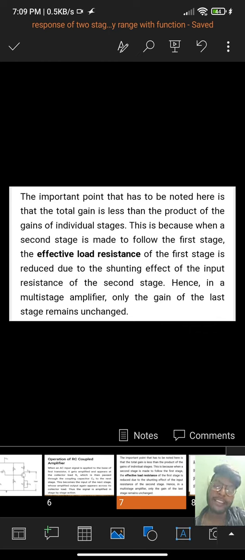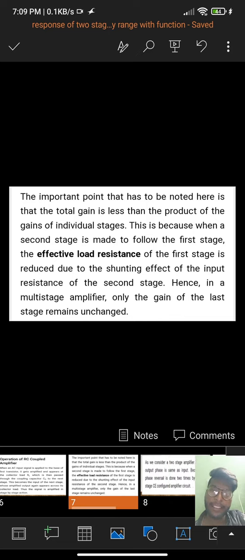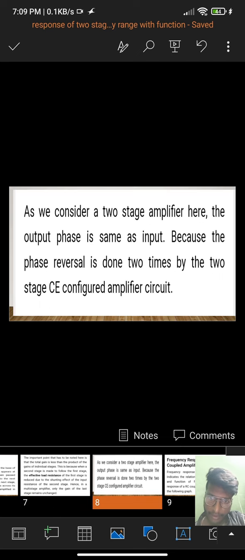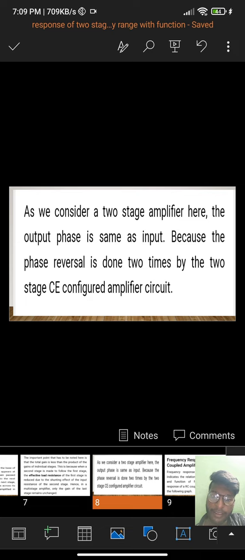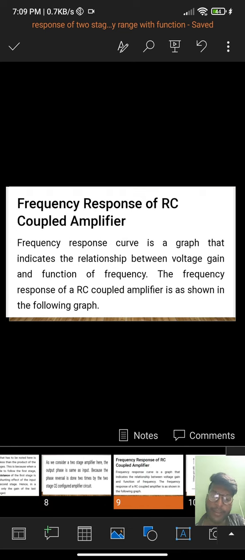Hence, in a multi-stage amplifier, only the gain of the last stage remains unchanged. In a two-stage amplifier, the output phase is the same as the input because phase reversal is done twice by the two-stage CE configured amplifier circuit.